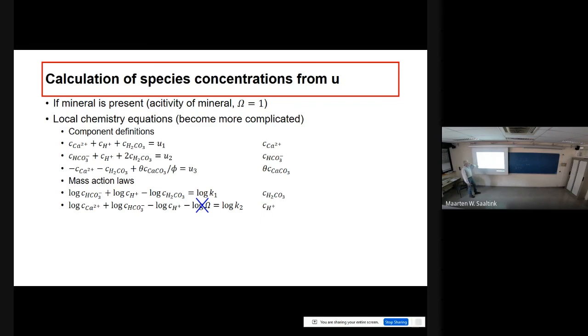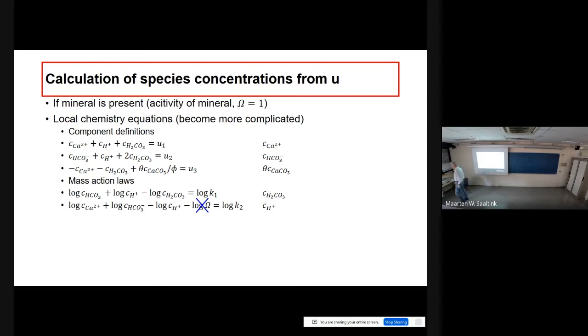But of course, this is something that I can decide locally when calculating the local chemistry. And still 5 variables and 5 equations.